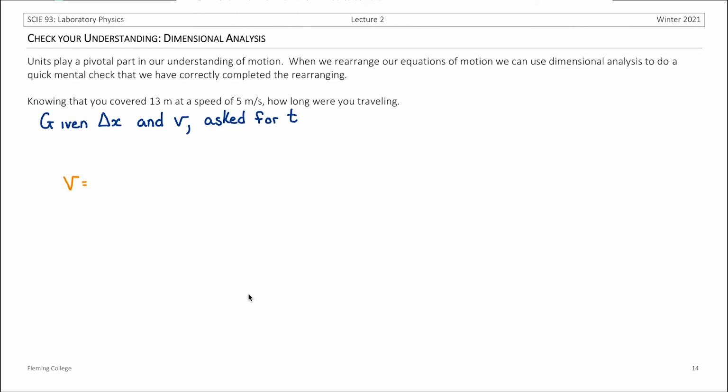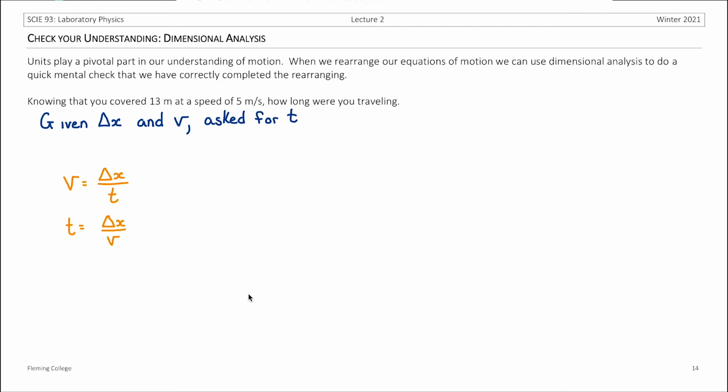The equation of motion we have is that velocity or speed is equal to the distance traveled over time. For this level of equation, I'm sure most of you are comfortable rearranging to time is equal to change in position over velocity.